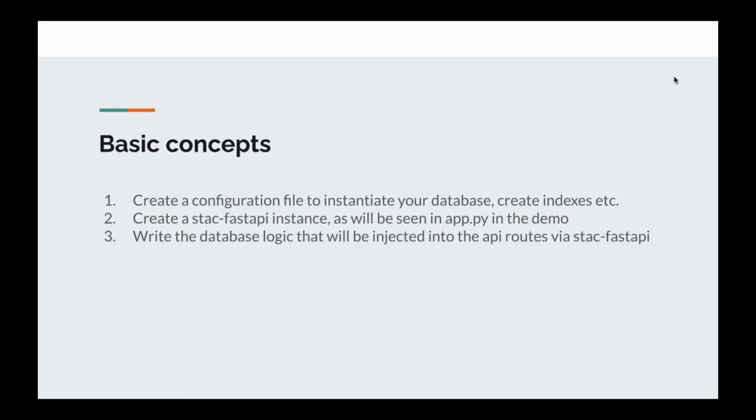Jeff was just talking a little bit about creating clients, your core client, your transactions client to do CRUD routes. And then Jeff also showed the base classes, where you can write your database logic, so you have the logic that's called when you hit your API routes. And those are the basic concepts.